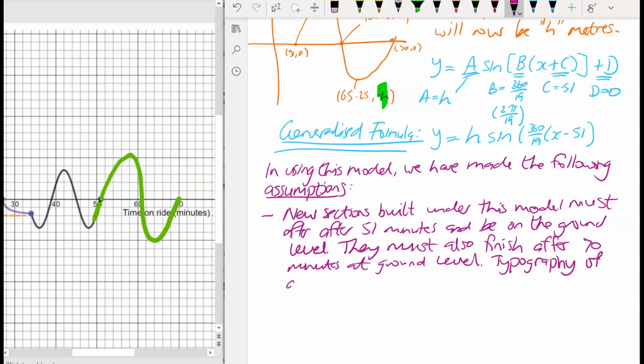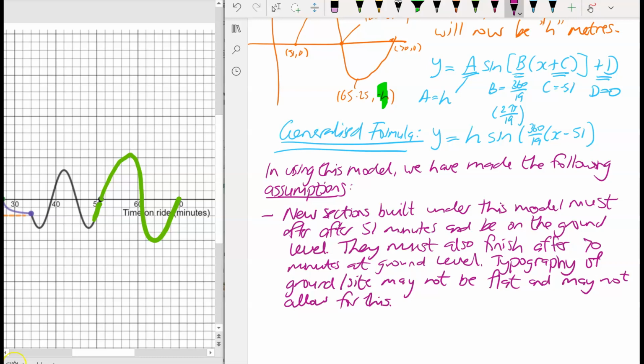So the topography of the ground site may not be flat and may not allow for this. That's a first assumption, and that's a biggie as well.